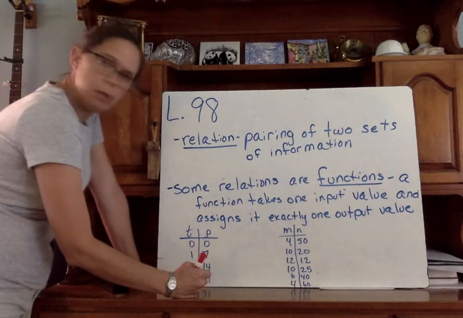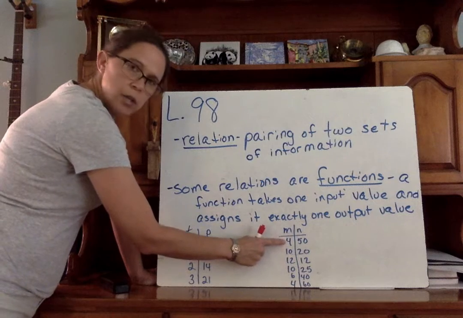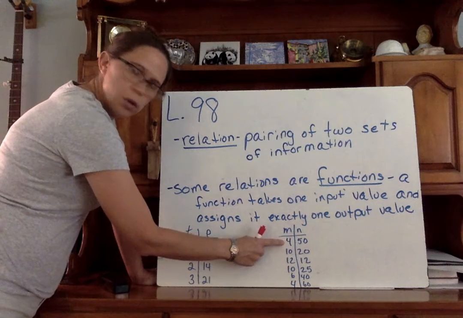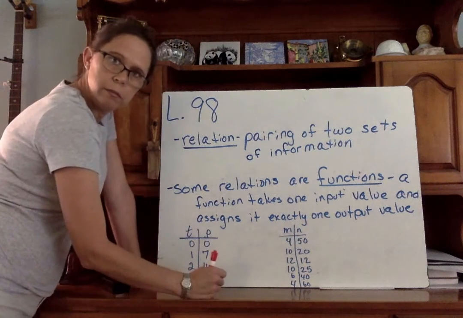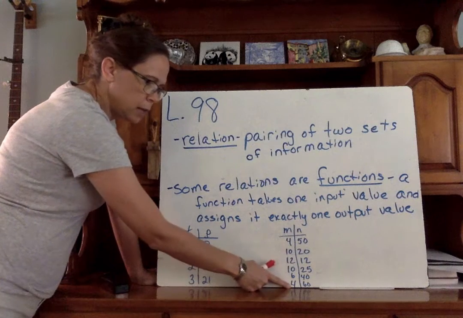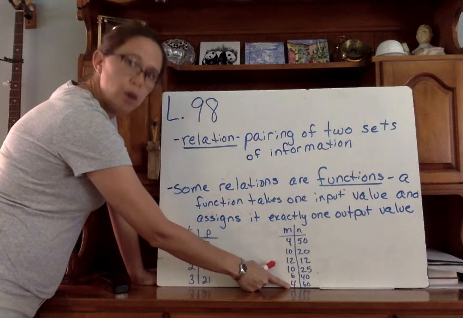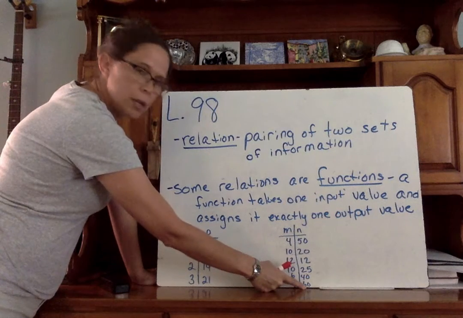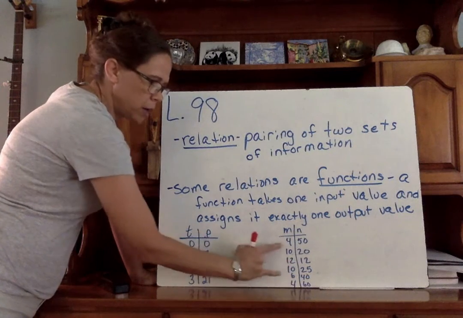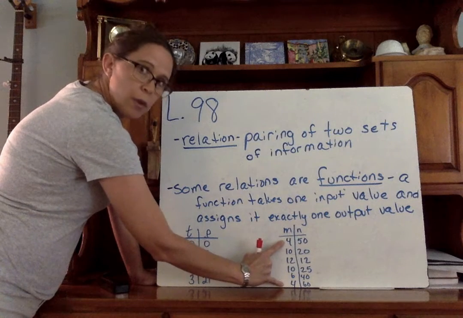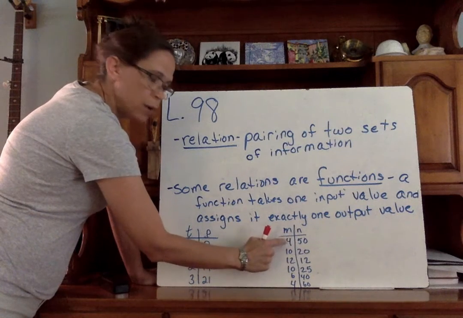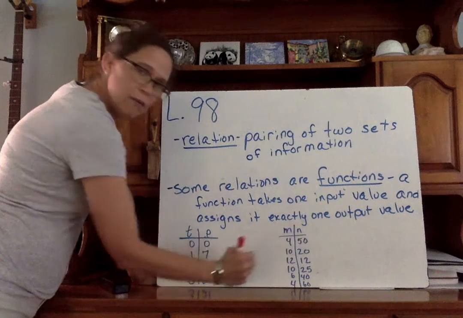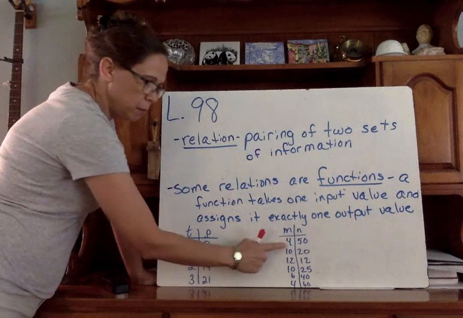Now what I want you to notice is on this first day he got there 4 minutes before school started and there were 50 kids. And the last day he kept track, he got there 4 minutes before school, that's our input, there were 60 kids already there. For this to be a function, when we have 4 as an input, we've got to always have the same output, but I don't.